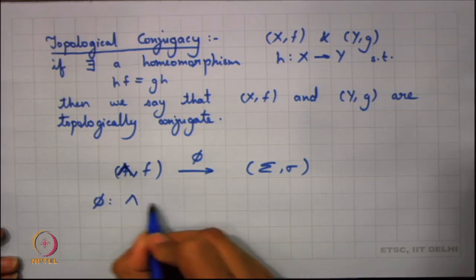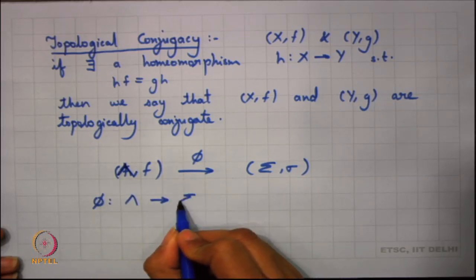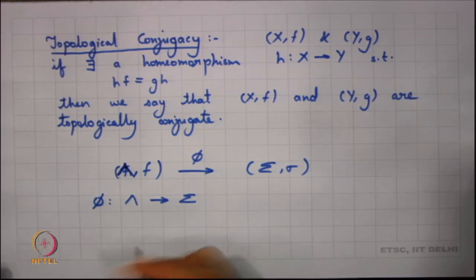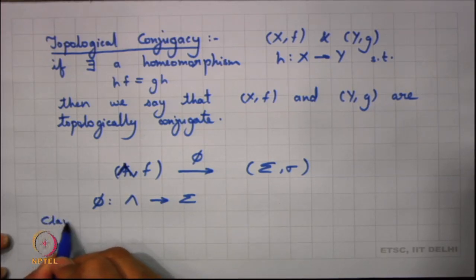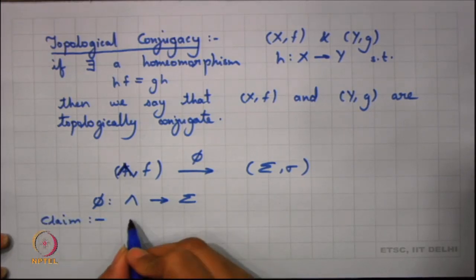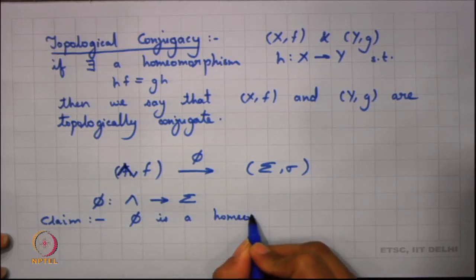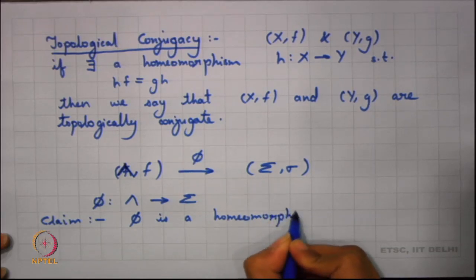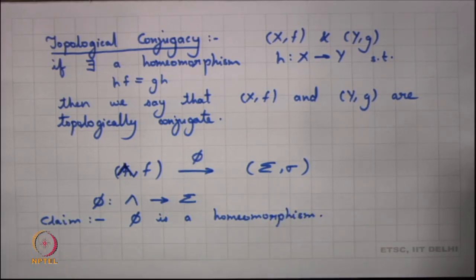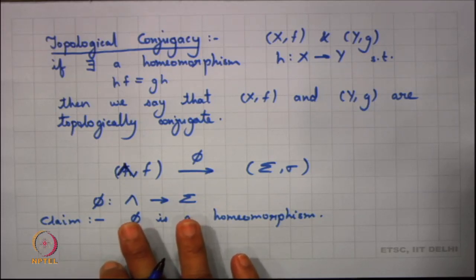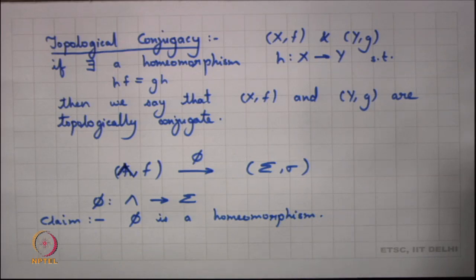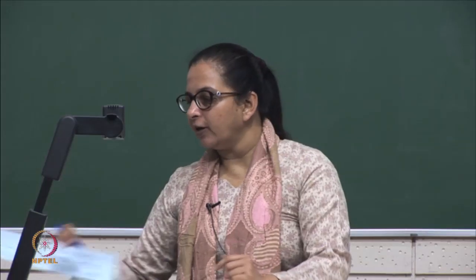Phi maps lambda to sigma, and we have seen how it maps. Now, my claim here is that phi is a homeomorphism. That means my phi should be continuous, one-one, and onto, and that is enough, because since both my spaces are compact, that is enough for me to conclude that it is a homeomorphism. So, first of all observe that phi is one-one.